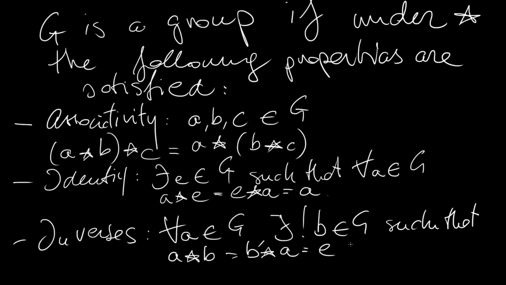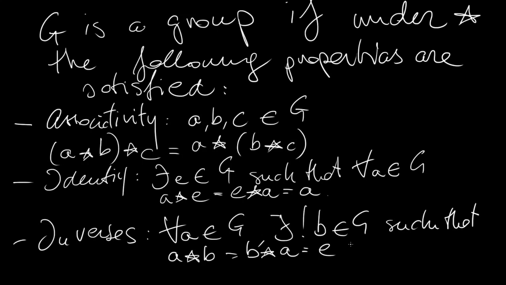We might have an intuition of the inverse of a real number under multiplication: it is the reciprocal, right? So if m is a real number, then 1 over m is the inverse, because m times 1 over m is equal to 1, which is the identity.